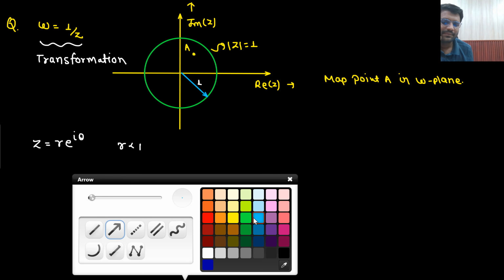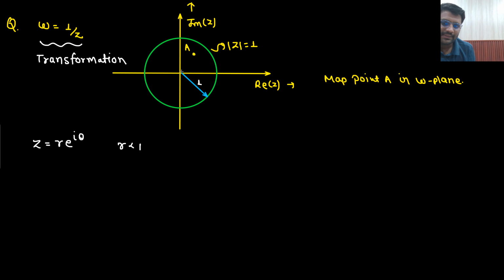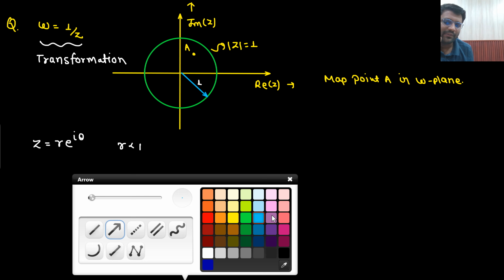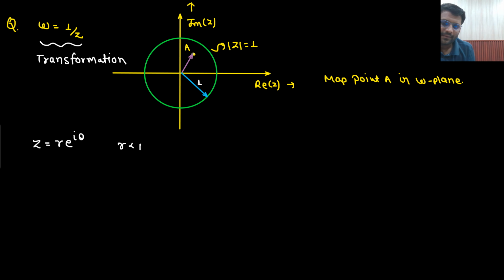What about theta? This is my theta, right? Theta is between 0 to pi by 2. It will be somewhere between 0 to pi by 2. Like this angle is between 0 to pi by 2 only. I don't know this angle exactly. What will be my omega now? Omega will be 1 by z, which is nothing but 1 by r e to the power iota theta.